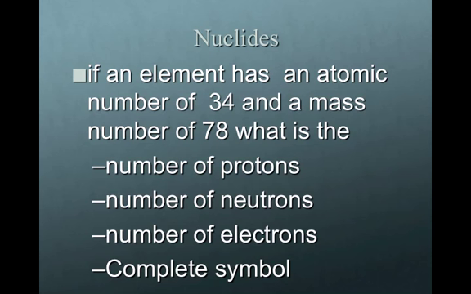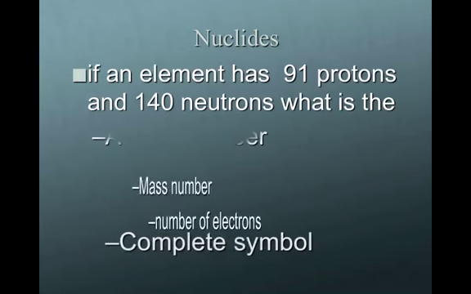The number of neutrons equals the mass number minus 34, which is 78 minus 34, which will be 44. The number of electrons equals the number of protons, which is 34, and the complete symbol is either going to be selenium-78, or if you do a full nuclear symbol, it's going to be Se with 78 in the upper left-hand corner, 34 in the lower left-hand corner.